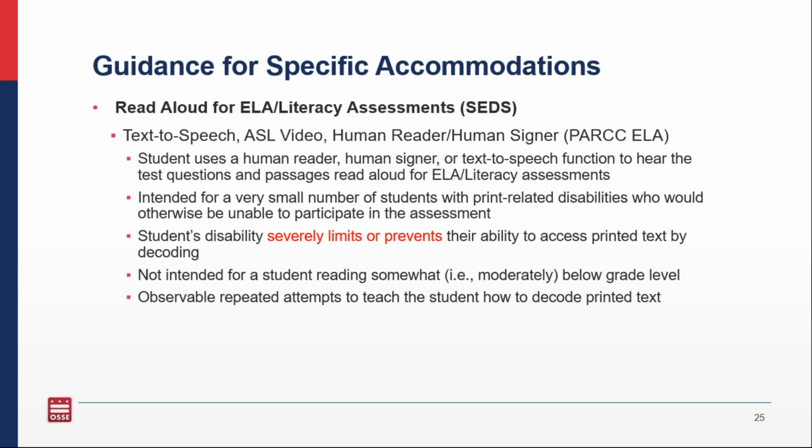An example would be reports from computer-based interventions. If your school uses System 44 or some type of report that can be generated and uploaded into SEDS to say that this student is actually in need of this accommodation because they are unable to decode printed text.